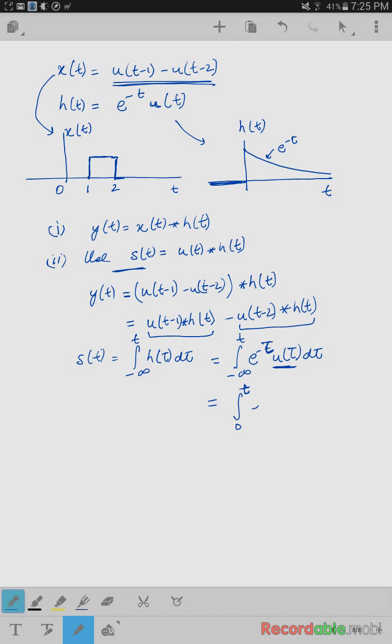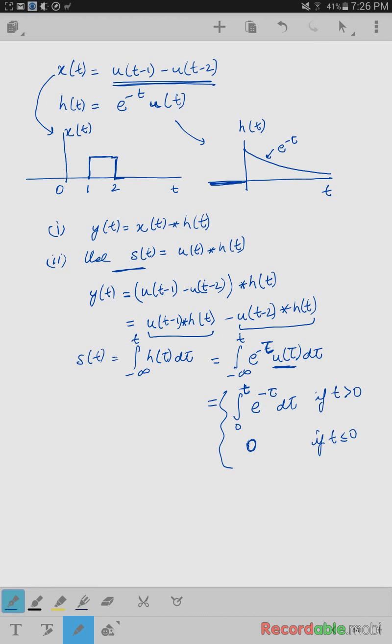So it's just the integral from 0 to t of e^(-tau) d tau. But this is true only if t is greater than 0. If t is less than 0, then this integral is also 0, because you're essentially integrating just 0. So it's 0 if t is less than or equal to 0.